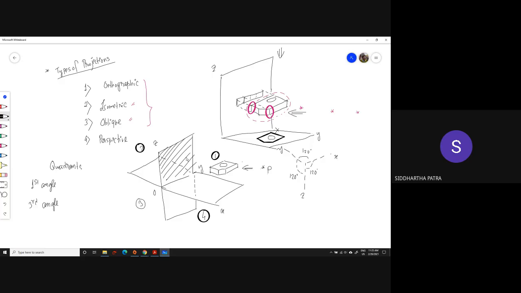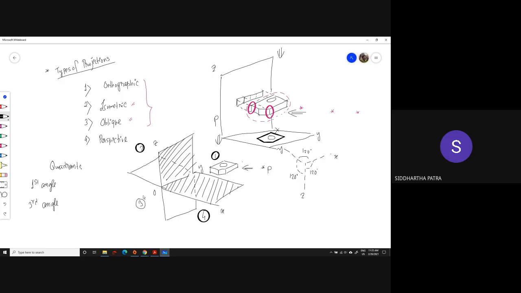Similarly, while drawing the top view, I'll be looking from the top, and that projection would be shown on the positive XY plane.